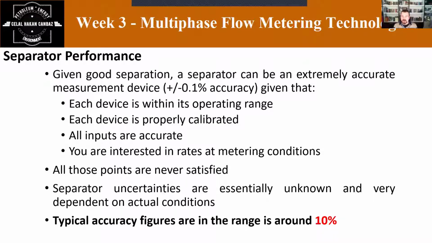It's important to note that the typical accuracy, when we compare all cases, more or less, is between 5% to 10%. It's far, far away from plus minus 0.1% accuracy. So in many cases, you need to have more accurate measurement results, and multiphase flow metering satisfies this in most cases.